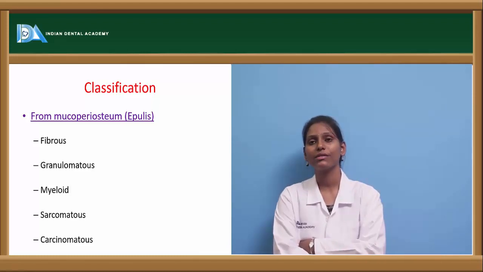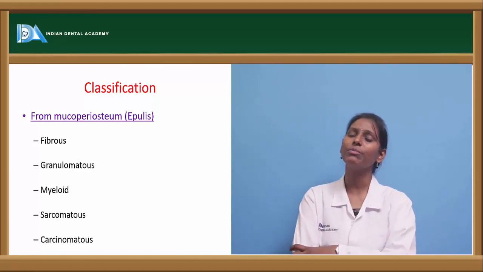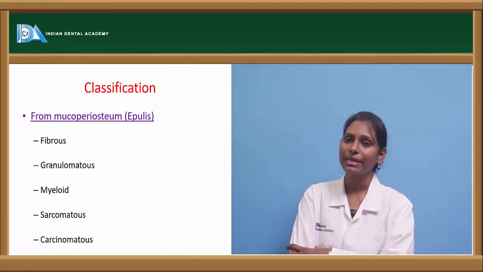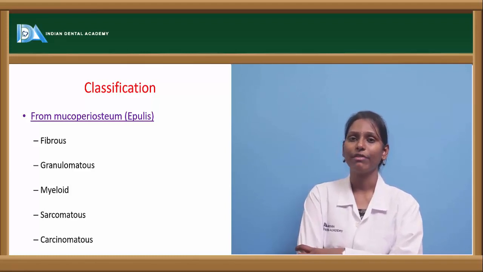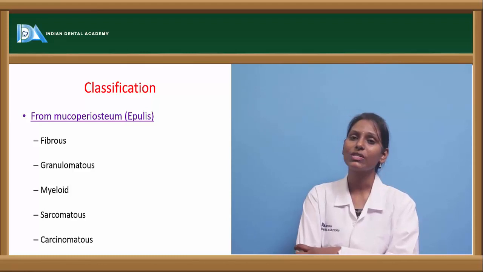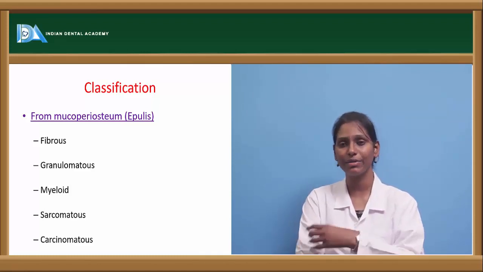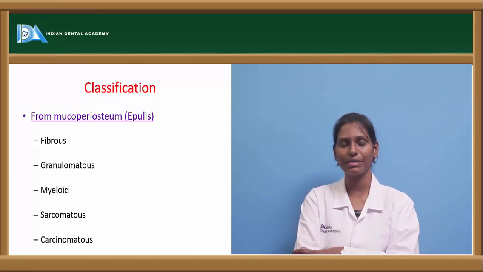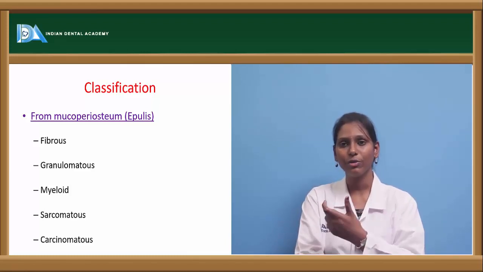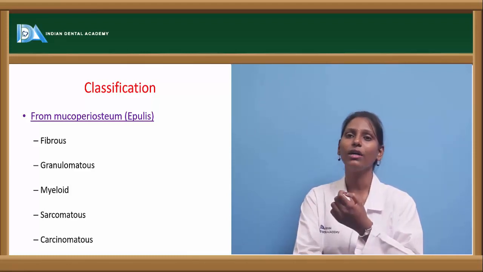Coming to these fibrous growths or fibrous type of swellings within the oral cavity, the one that we commonly encounter is inflammatory fibroma or traumatic fibroma. Fibroma is actually a benign proliferation of the fibrous connective tissue or fibrous cells, that is fibroblasts to be precise. The etiological factor for it could be either irritation or trauma.